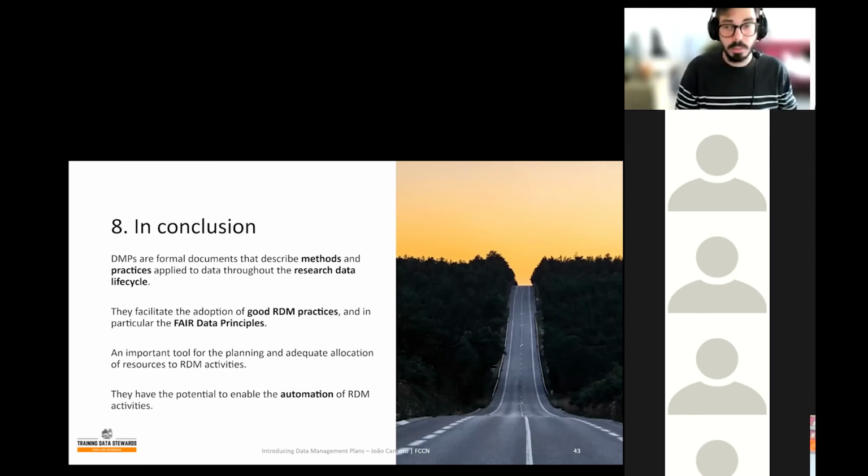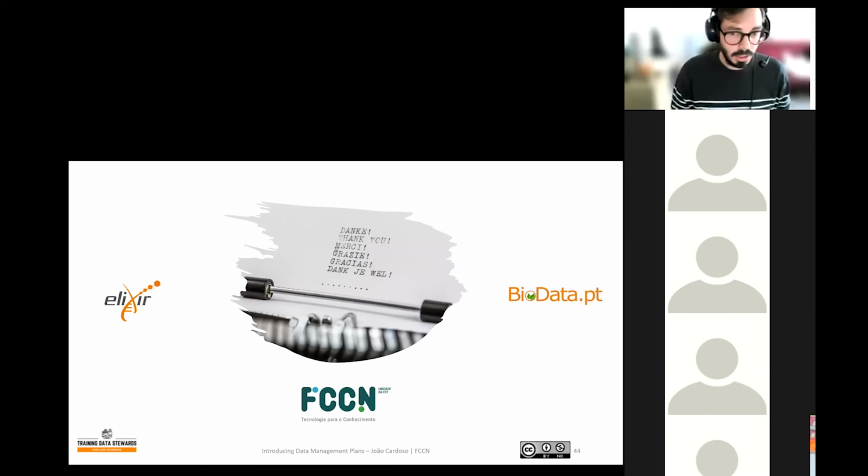They are most definitely an important tool for RDM planning and allocation of resources in your RDM activities, of course, and they have the potential to enable automation of said activities. Obviously, this is future work because currently there are not a lot of services built on top of DMPs, but they will come, and it's not too far in the future. And this is the first stage of the presentation finished.